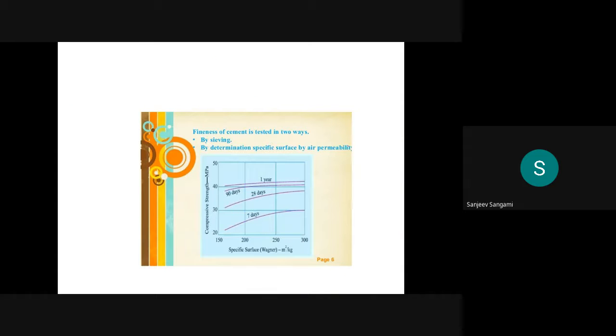So the fineness of the cement is tested in two ways, that is by sieving and by determination of specific surface by air permeability.